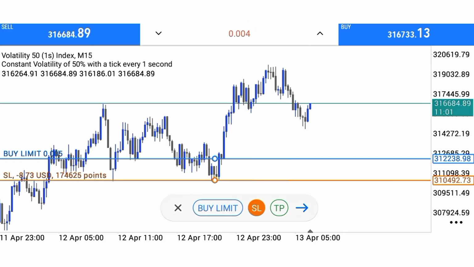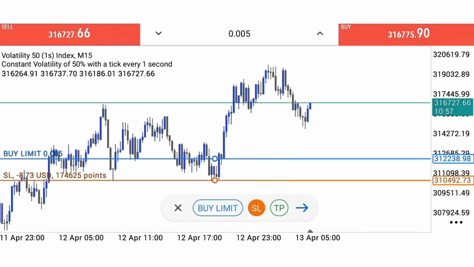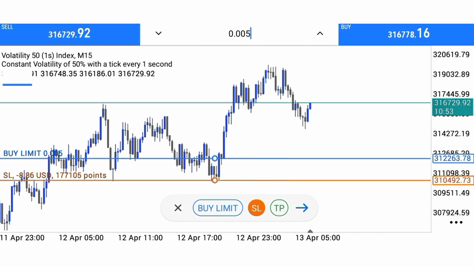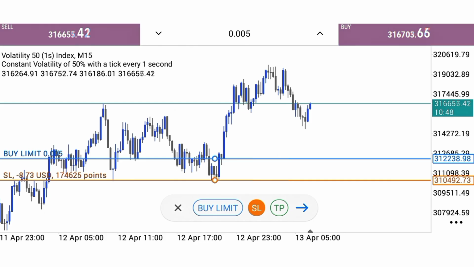Now let me show you why. If you reduce this to 0.04, it won't work out. So that's the lowest lot size. So 0.05 is lowest, but it's still higher than volatility 10's lowest lot size.